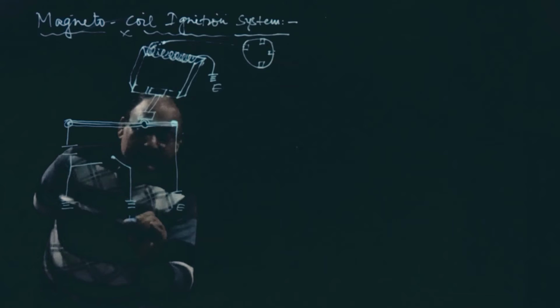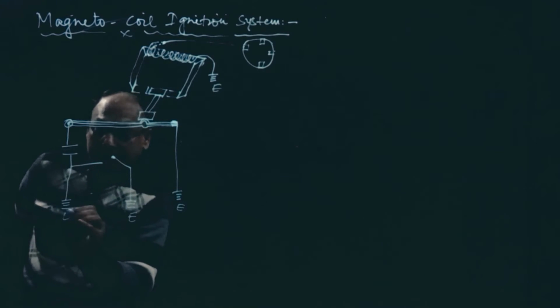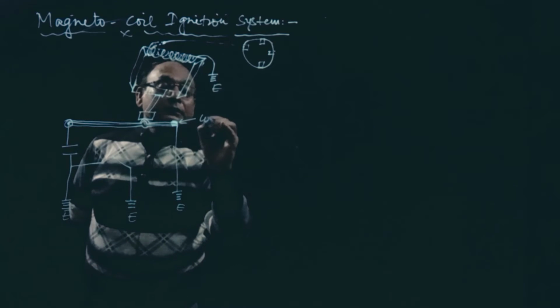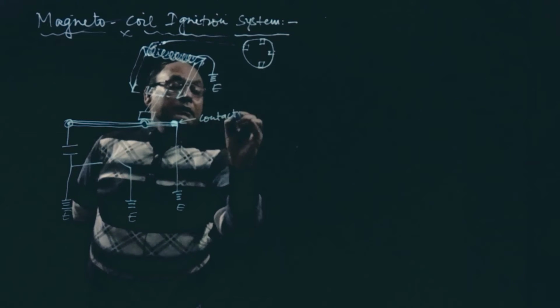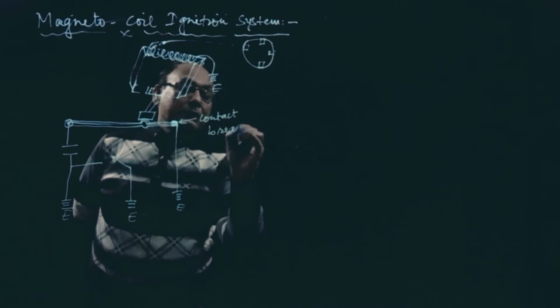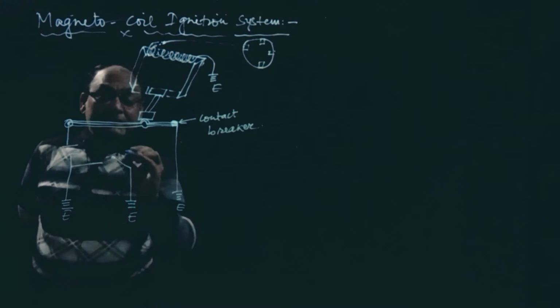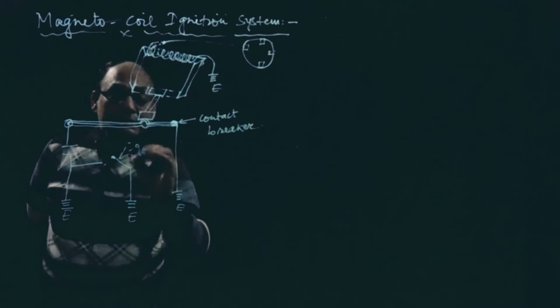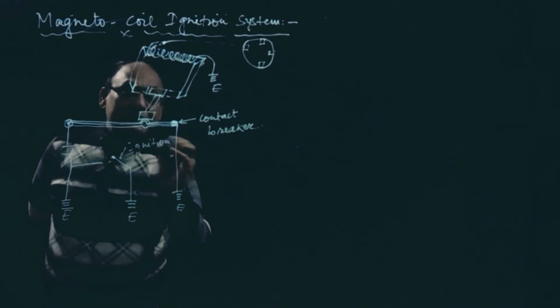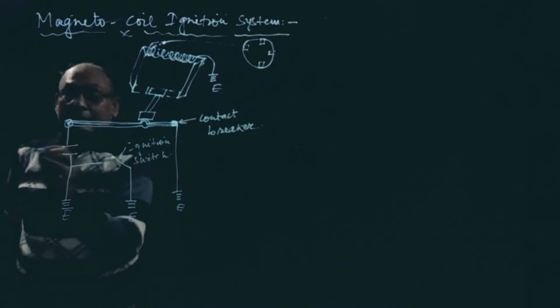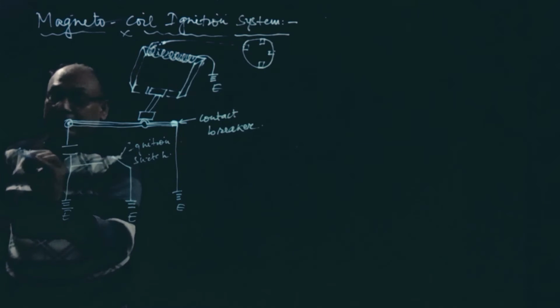These are the earthings. This is contact breaker, and this is ignition switch, this is condenser.